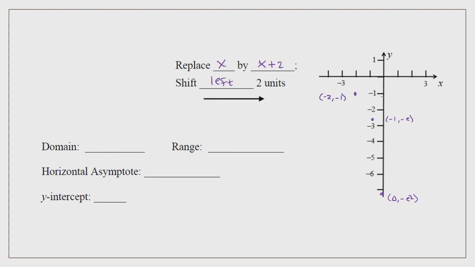Okay, so we were at (0, -1). We have to move 2 to the left, 1, 2, which will get us (-2, -1). So what's changing? The x coordinate is changing. The y coordinate still stays the same. All right, and then we have our 2 smaller values. So we will have (-3, -0.37), and let me label that for you.